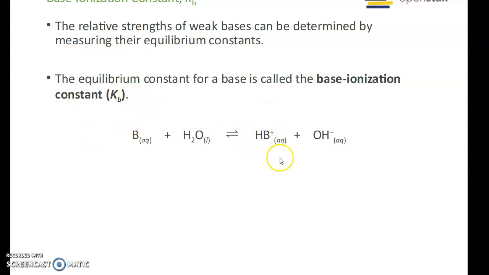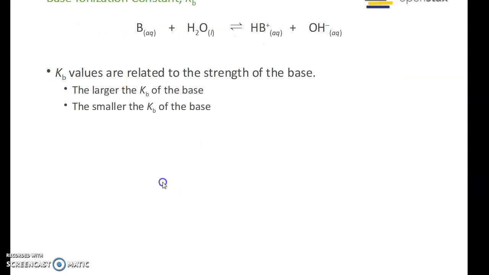The concentration of these two, each one individually, raised to the power of any coefficient in front of them in the numerator. Anything over here to that concentration in the denominator. And these are related. The larger the Kb value, the stronger the base, the smaller, the weaker the base.